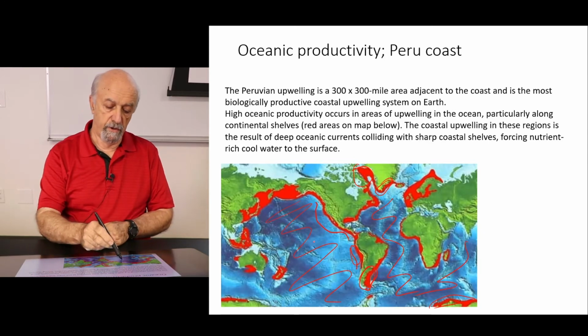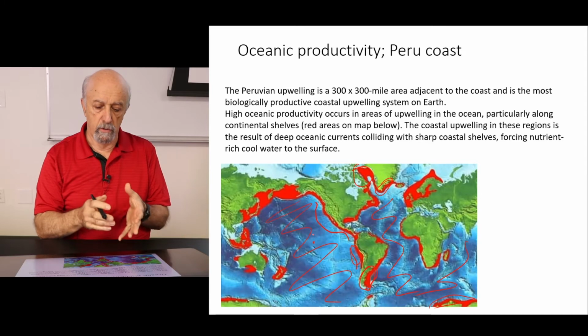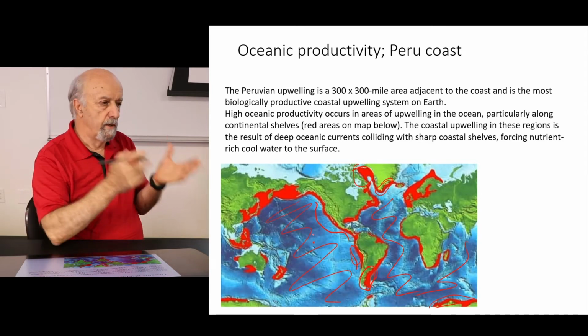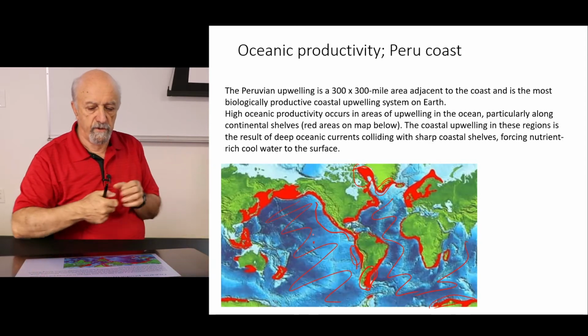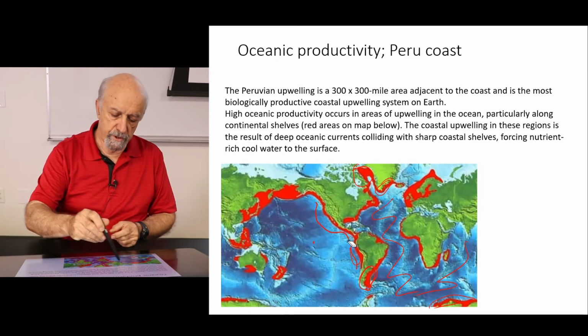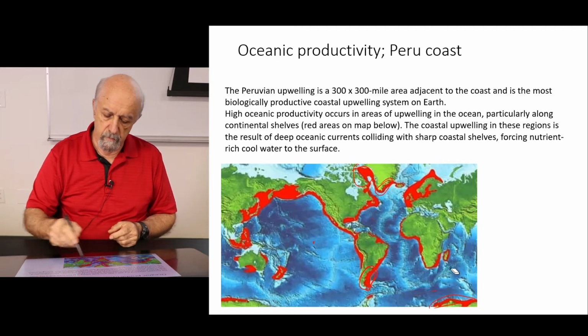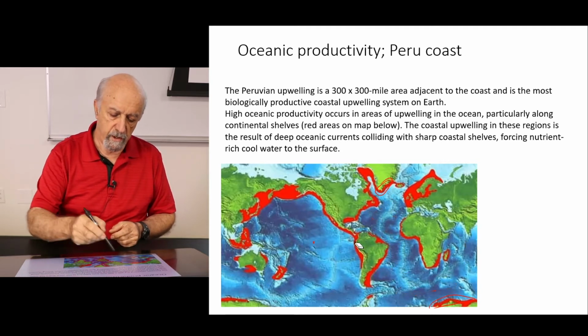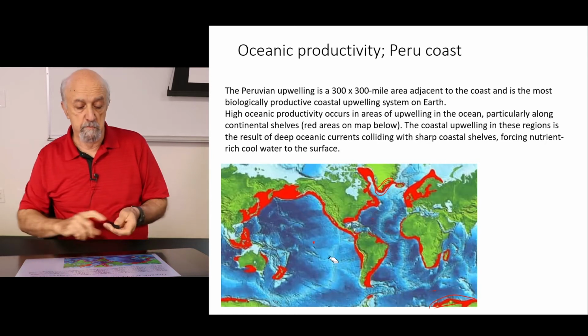What happens in the center of the ocean, the water is blue, and it's blue because there's not really any nutrient to feed the phytoplankton. So the best places to go fishing, commercially or otherwise, are coastal areas like this in here, where we do have upwelling.